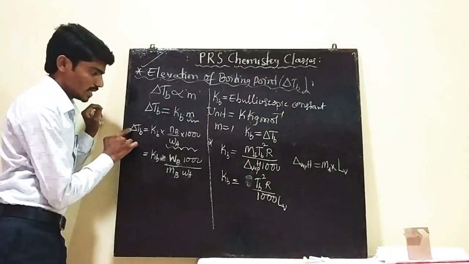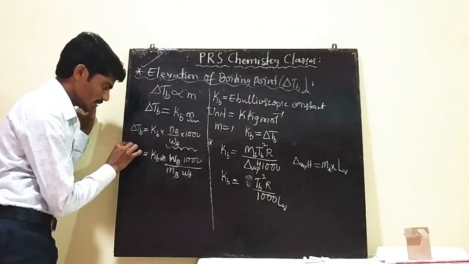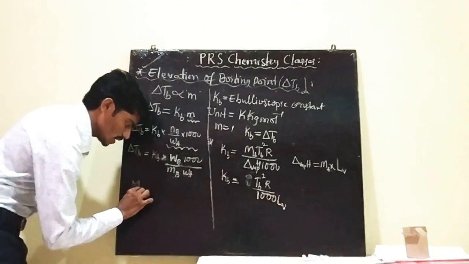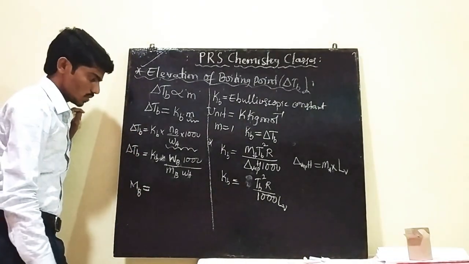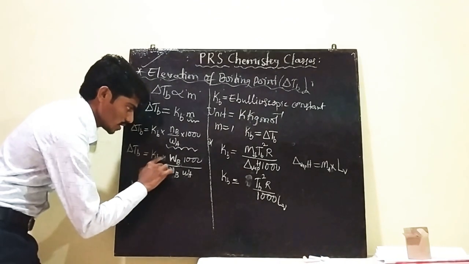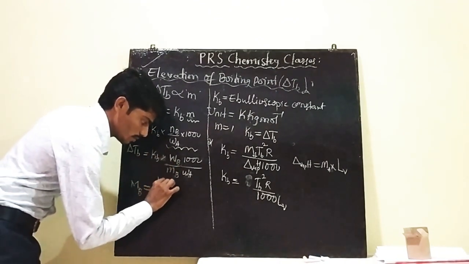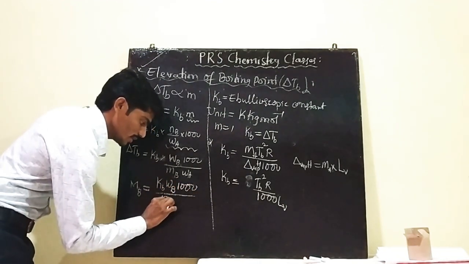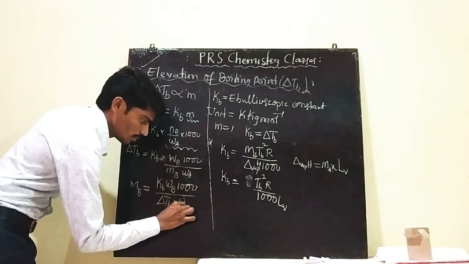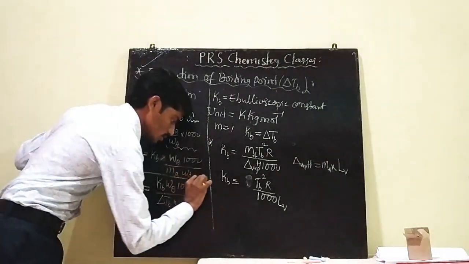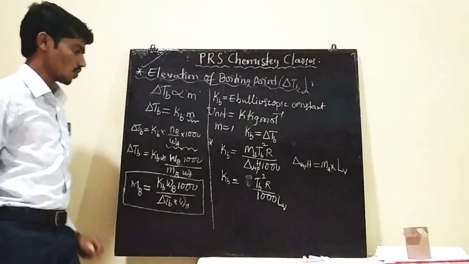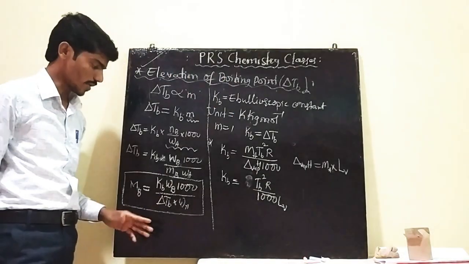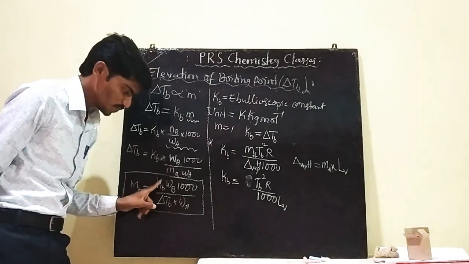This is the formula for delta Tb, but we require the formula for Mb. Therefore, rearranging the equation, Mb is equal to Kb into Wb into 1000 divided by delta Tb into Wa. This is the equation to determine the molar mass of solute from elevation of boiling point, where Kb is the ebullioscopic constant, its value is given.